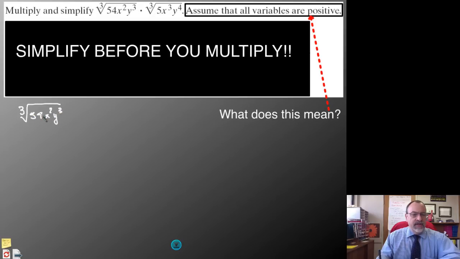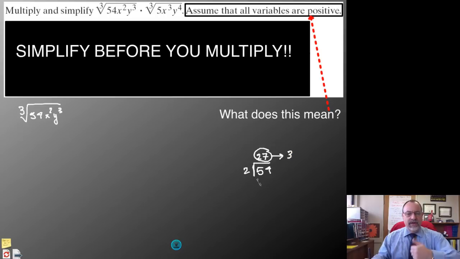So if I simplify that first, I'll do my prime factorization with 54. I have 2 and 27. Now I could keep going doing 3's, but I recognize this as a perfect cube, and I know that the cube root of that is 3. So I don't have to go any further. 54 is going to be 3 cube root of 2 simplified.